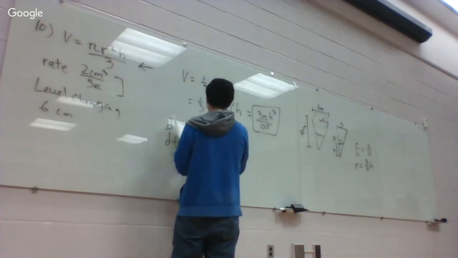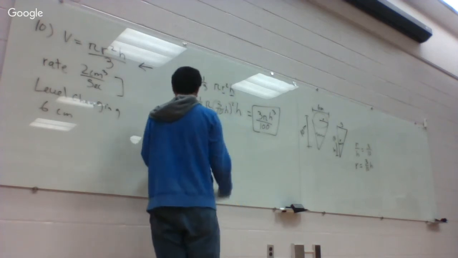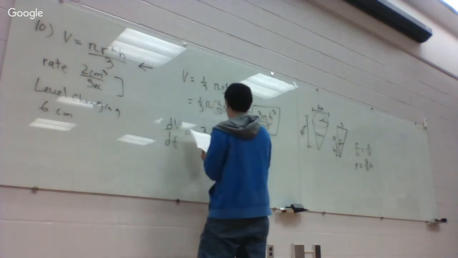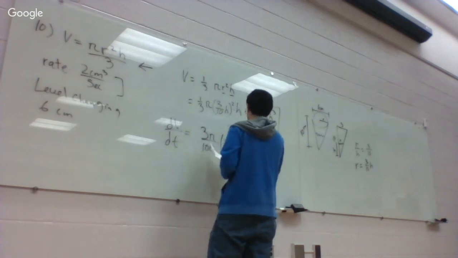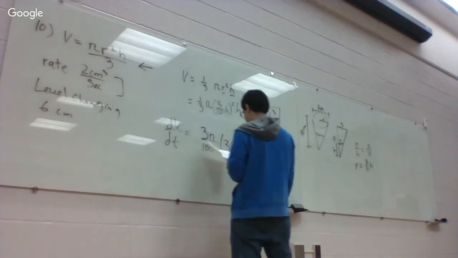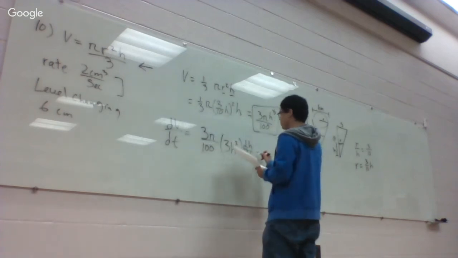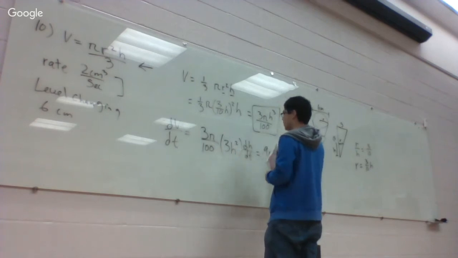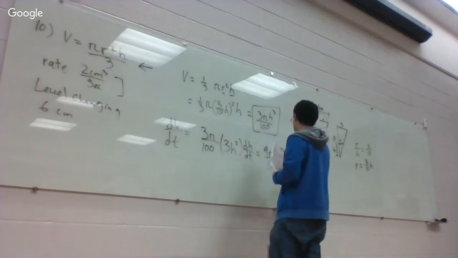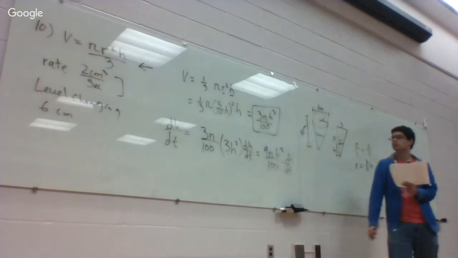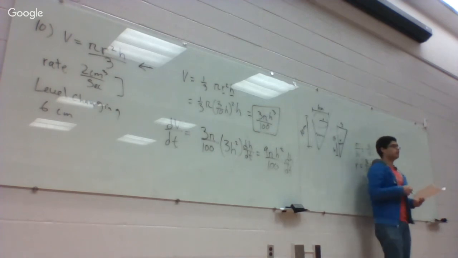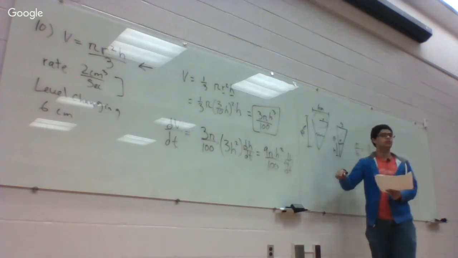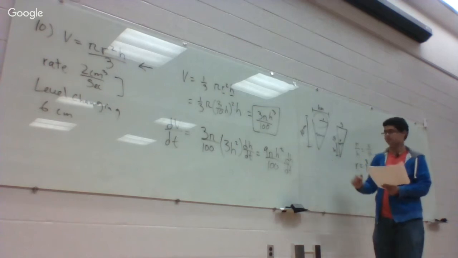Right, now we can write 3 pi over 100 times 3h squared times dh dt. That can be equal to 9 pi h squared over 100 dh dt. We have dh dt because that's the chain rule. We're not taking the derivative with respect to volume. It's with respect to time.